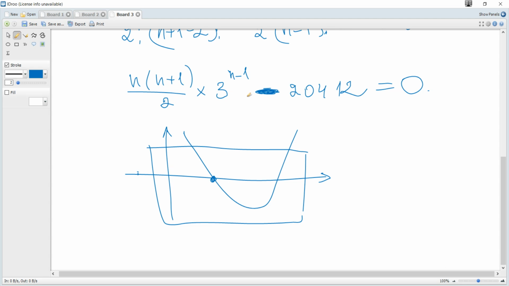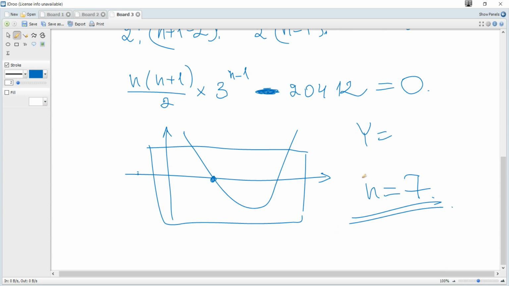So we need the x intercept of this function. So y is this function, and we need the x intercept from the calculator, and n is 7.